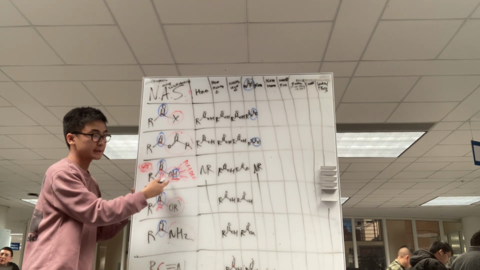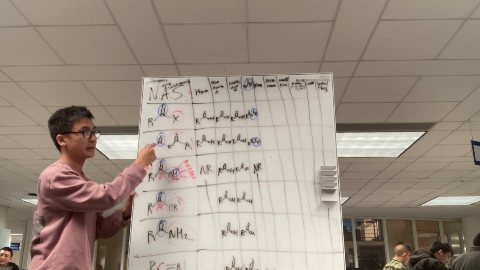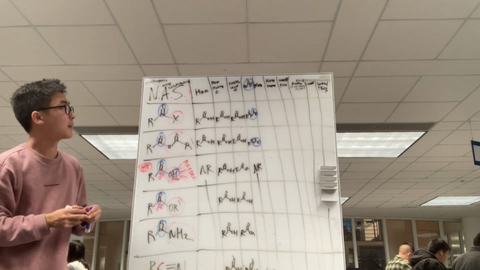So this carboxylic acid cannot make this anhydride in one step. So there should be no reaction for all of this, because all of these are less reactive than the anhydride. Right there. Like that. Okay.